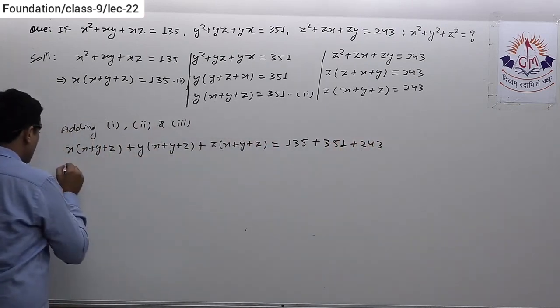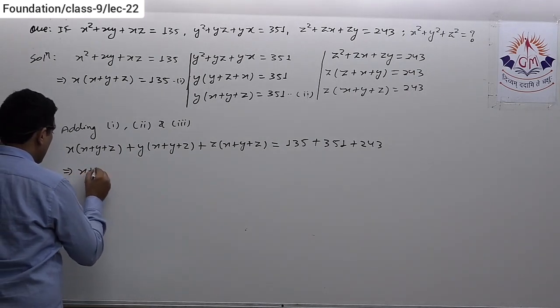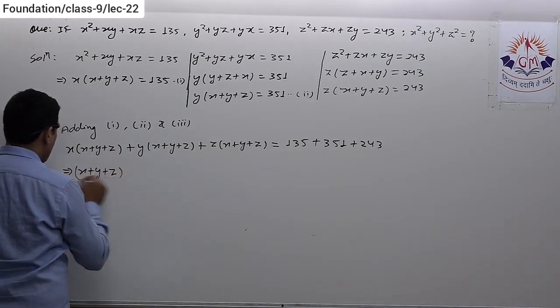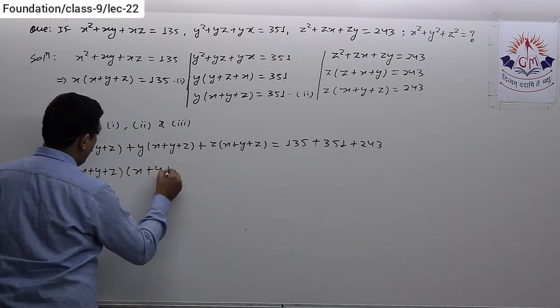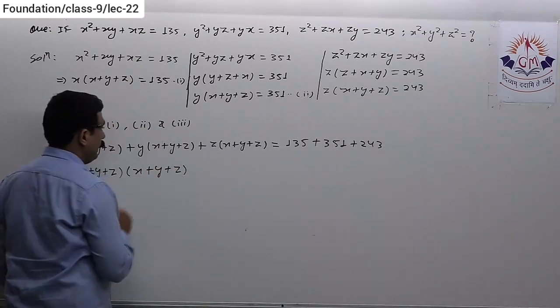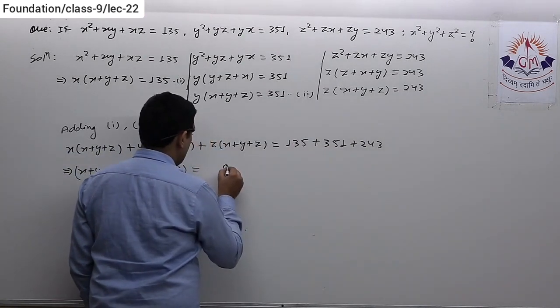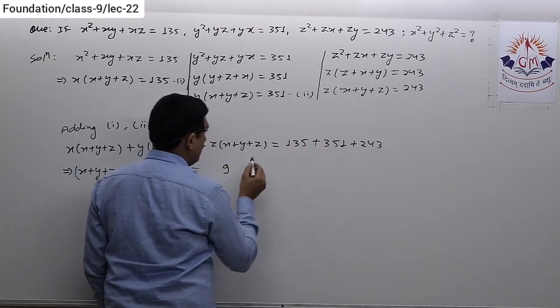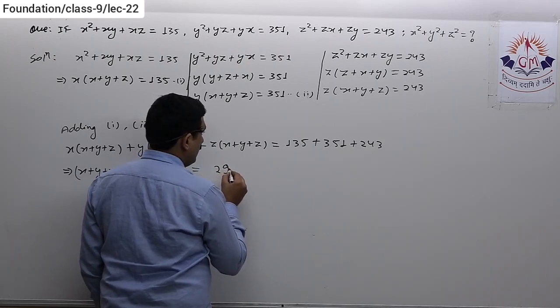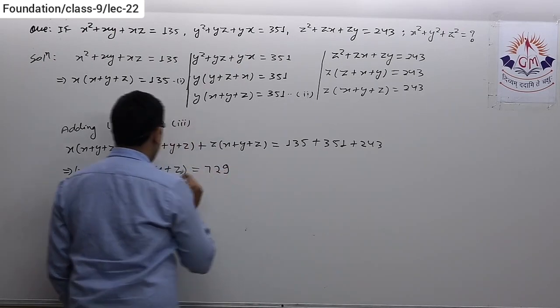From these three I can take x plus y plus z common, leaving x plus y plus z in the bracket, is equal to 729.